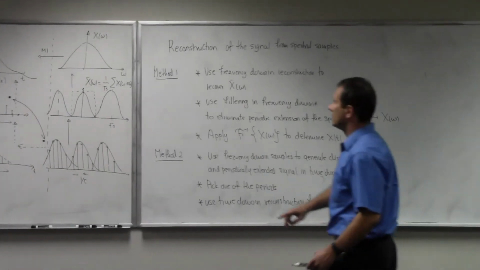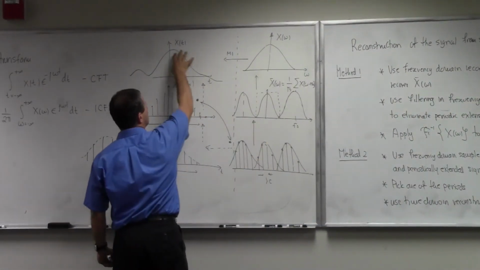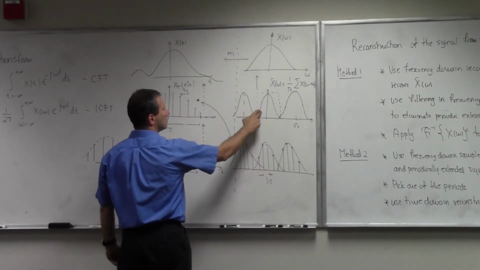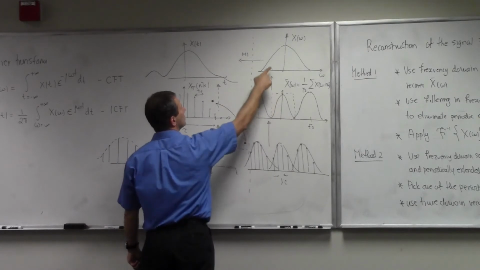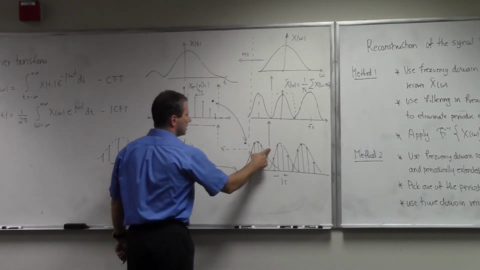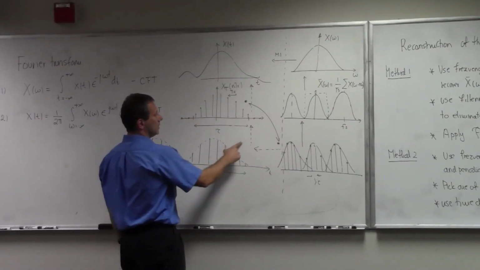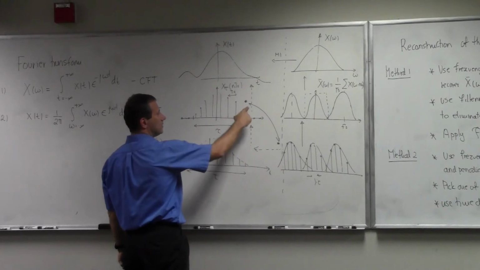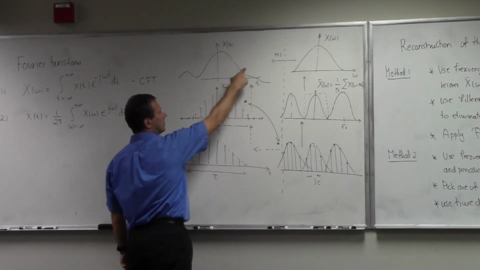So far I gave you these two. This is method 1, how you get from here to here. You can take this signal, interpolate in the frequency domain, filter in the frequency domain, and then travel through the inverse Fourier transform here. Or you can do the inverse Fourier transform to get you here, and then pick one of the periods, which is essentially filtering in the time domain, and then interpolating here.